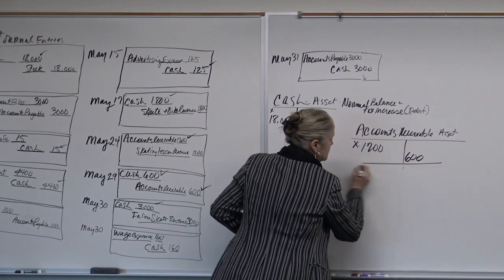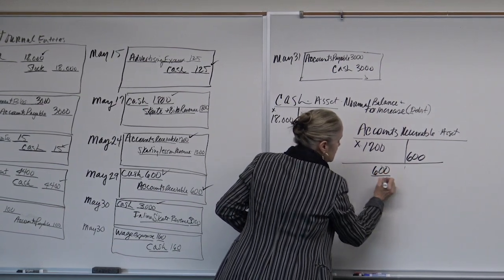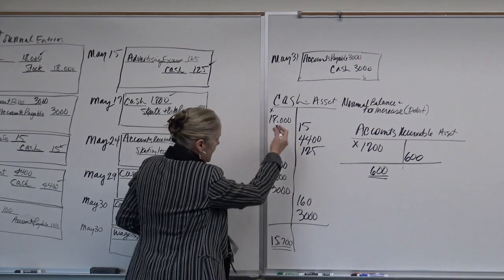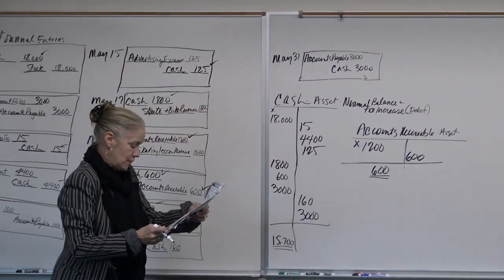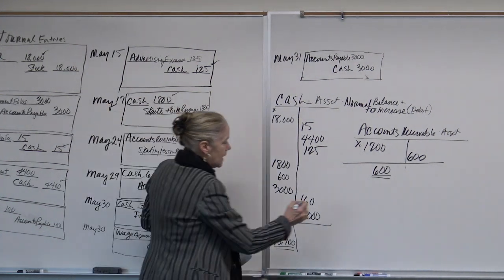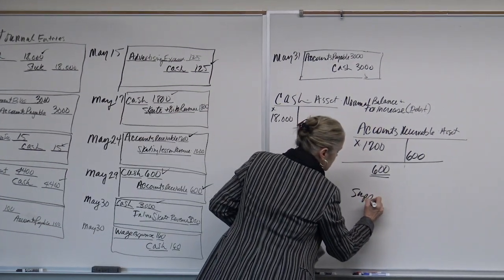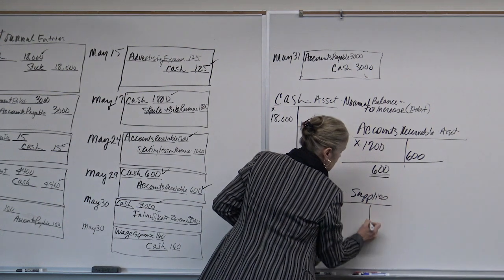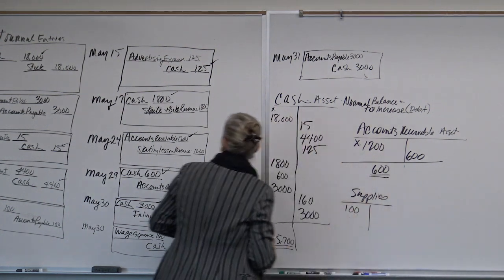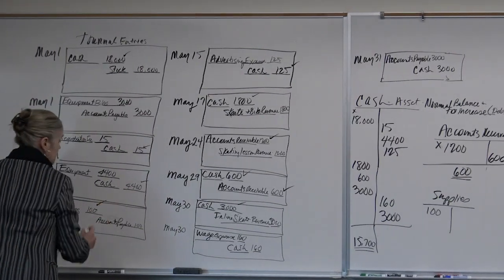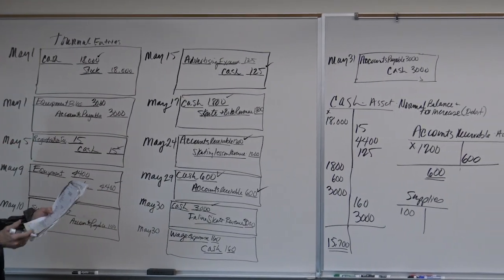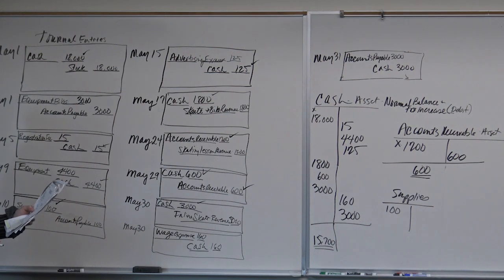So my accounts receivable here are 600, and our cash is 15,700, accounts receivable 600. And we're also going to take a look at supplies. I have 100 in supplies, which is what we have here. Okay, so that takes care of our assets.